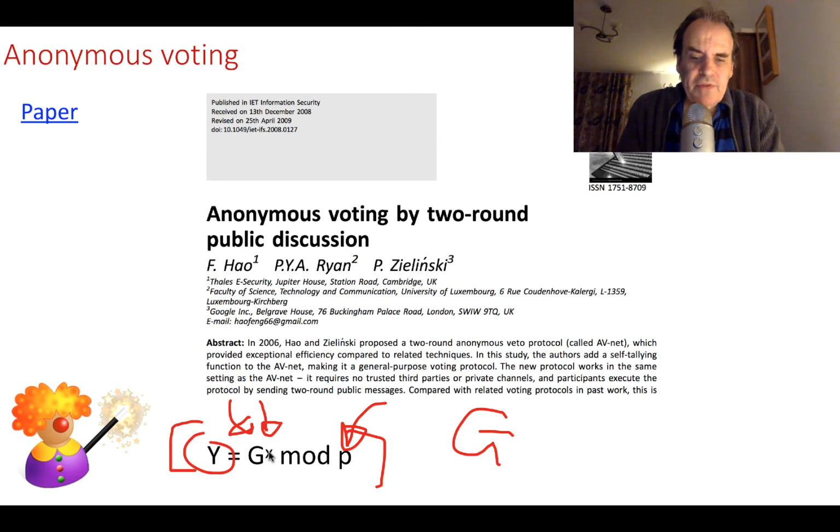So there are values of g. We'll pick a value of g, and in this example we'll pick a value of 2. And there are safe values of g for the prime number p that we actually pick. What we really want to make sure is that for every value of x less than p, we'll generate a different value of y.